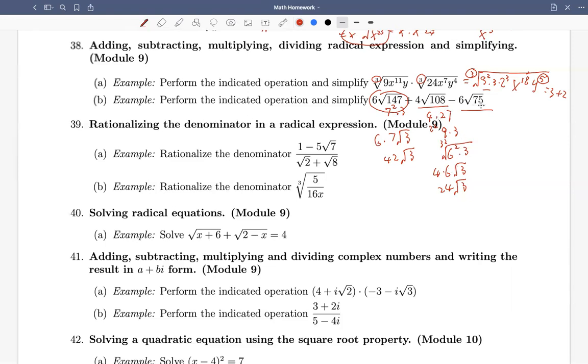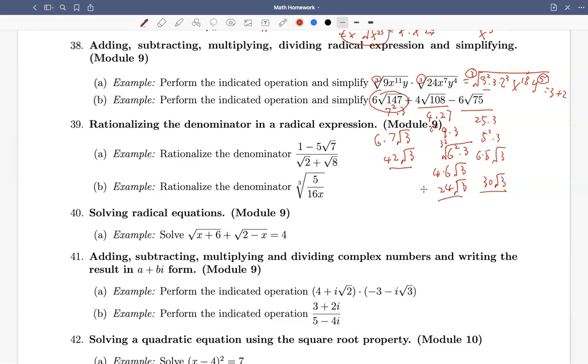So for 75, 75 is 25 times 3. 25 is 5 squared. So when we take the square root, we get a 5 out, but we have 6 outside. So we have 6 times 5 radical 3. 5 times 6, that's 30, 30 radical 3.